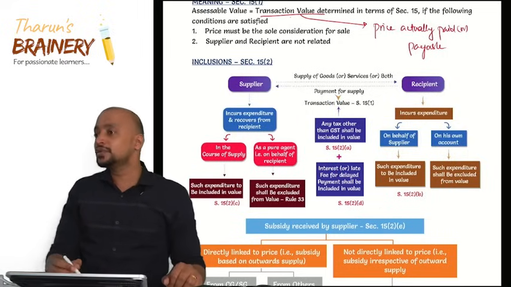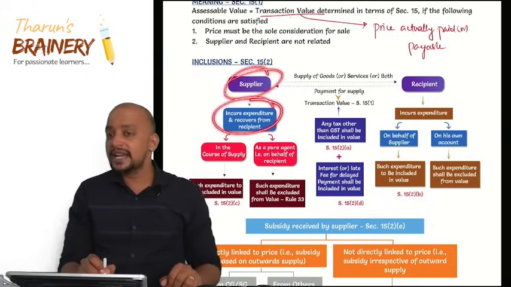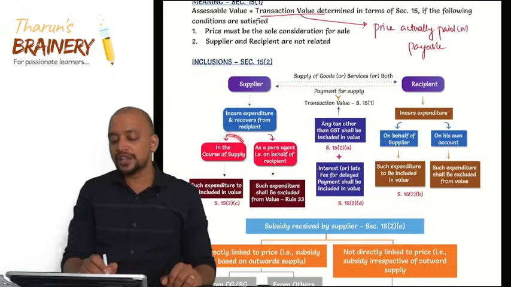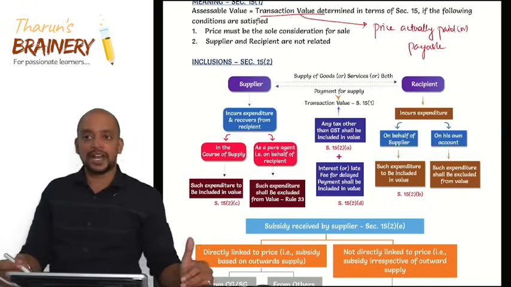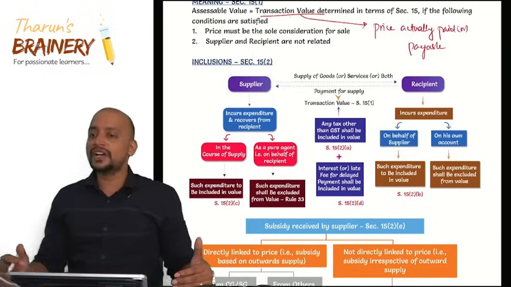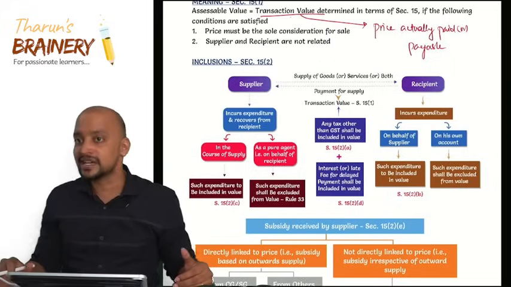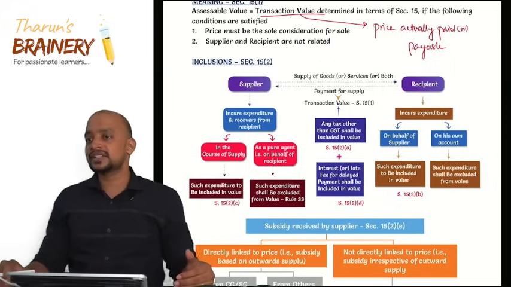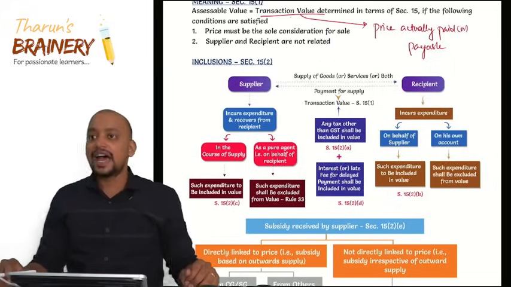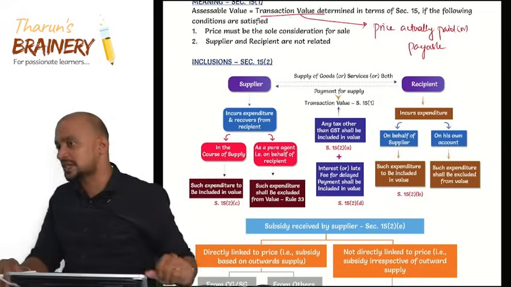Then 15(2)(c) says that if the supplier is incurring some expenses and recovering them from the recipient in the course of supply, such expenditure should be included in the value. For example, say I will be providing some audit services to my client, and for these services I may incur some expenses, and these expenses I will recover from my client as out of pocket expenses.